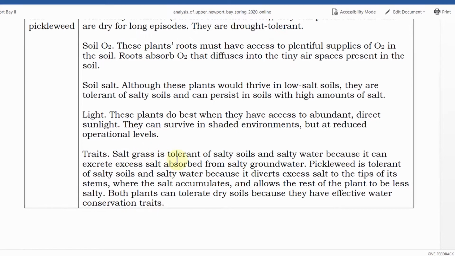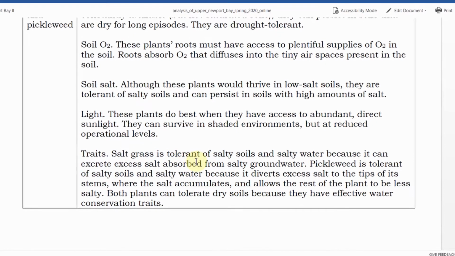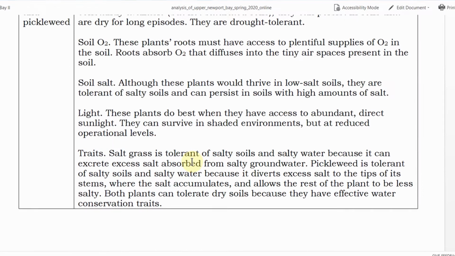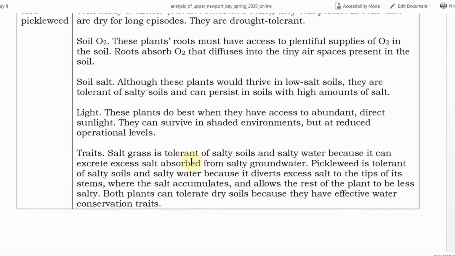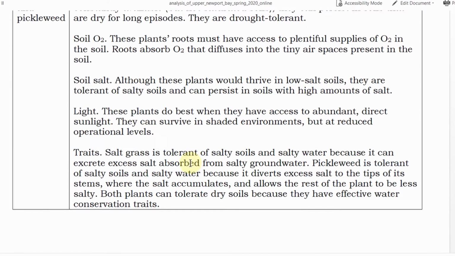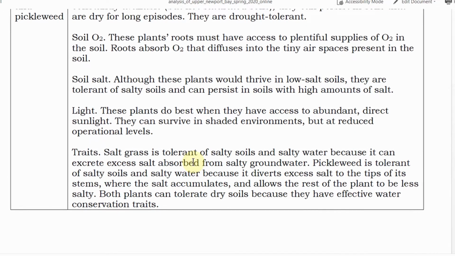So traits that saltgrass and pickleweed have is they're able to tolerate salty soils. Saltgrass has a way of excreting the salt, and pickleweed has a way of diverting and shunting the salt away, and so they're able to cope with high salt in the soil.